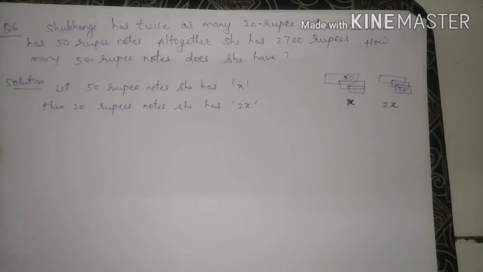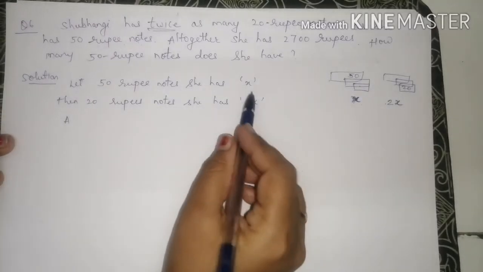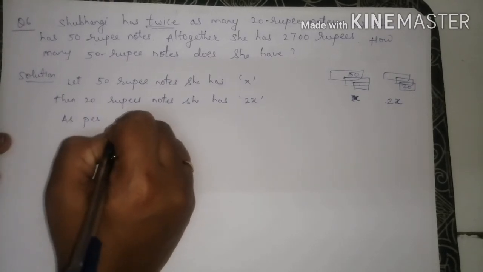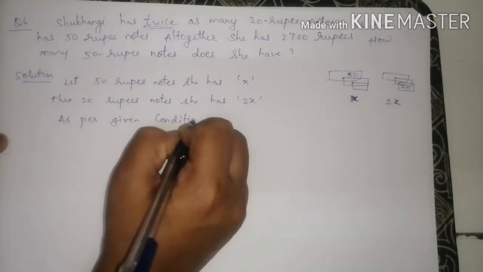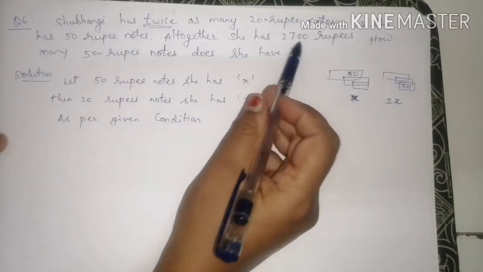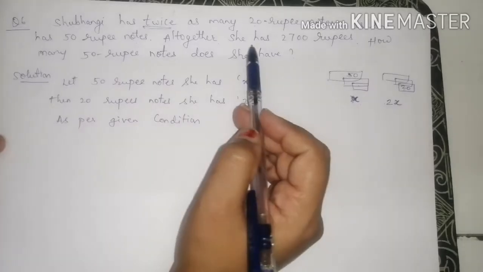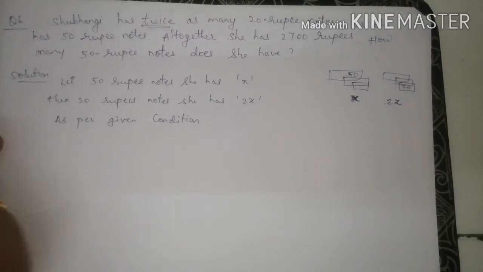Now what is the next condition? Twice means it is double that of 50 rupees notes. So as per the given condition, by adding these notes of 20 rupees and 50 rupees notes amount, she had a total of how much? 2700 rupees.